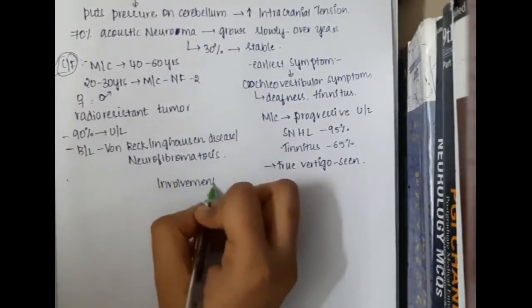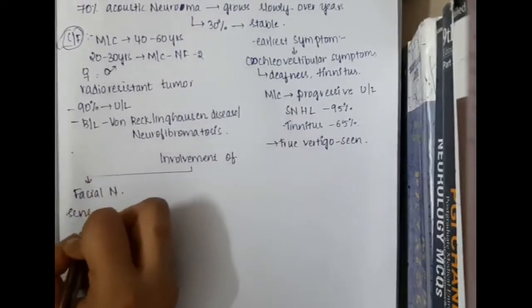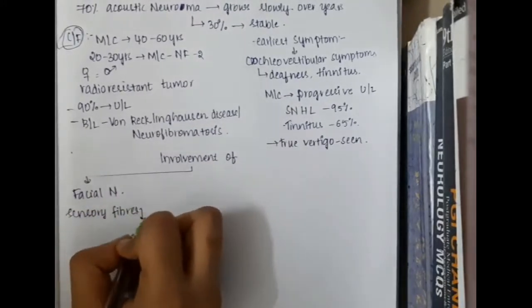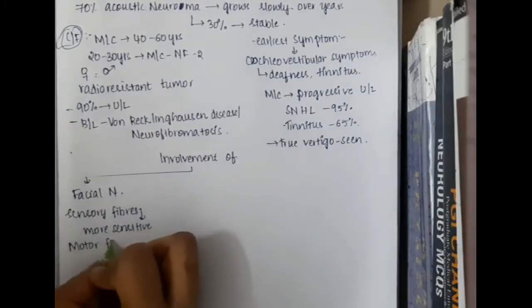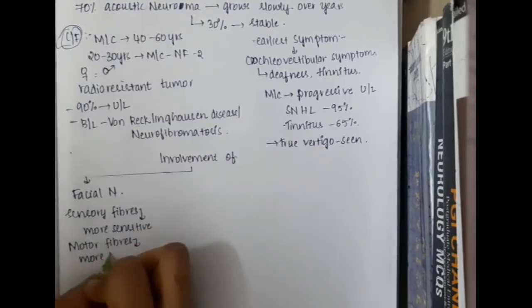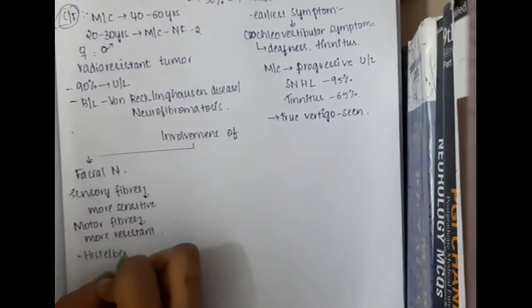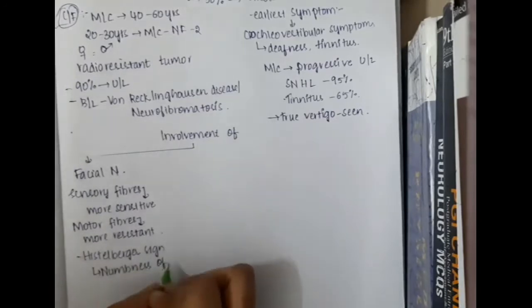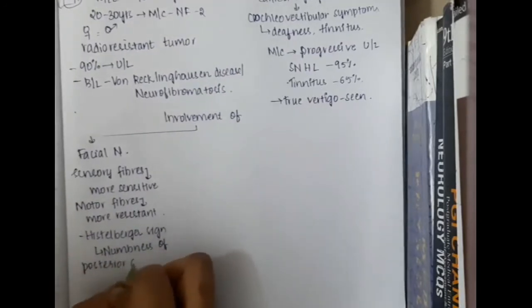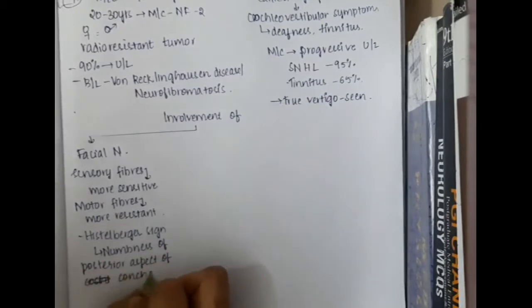Then you will see involvement of the facial nerve. The sensory fibers are more sensitive, whereas the motor fibers are more resistant. Hitselberger's sign can occur whenever vestibular schwannoma involves the facial nerve.